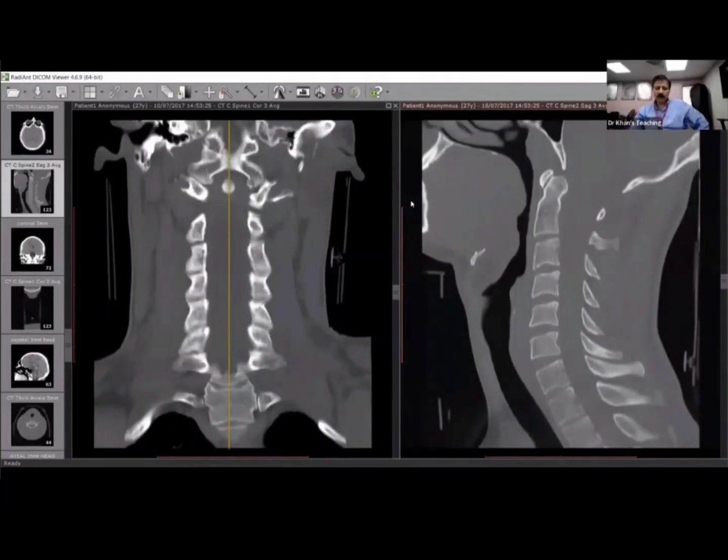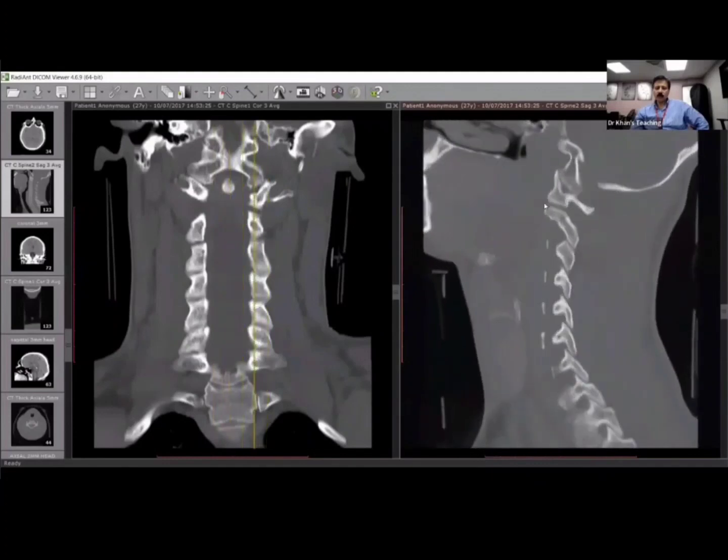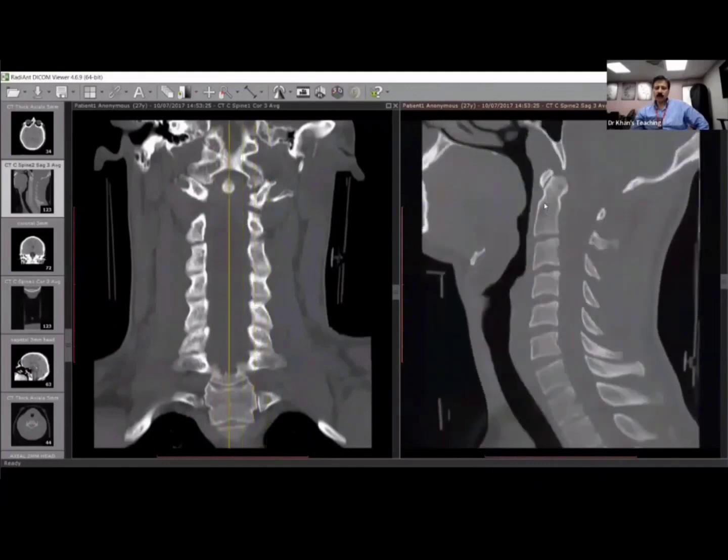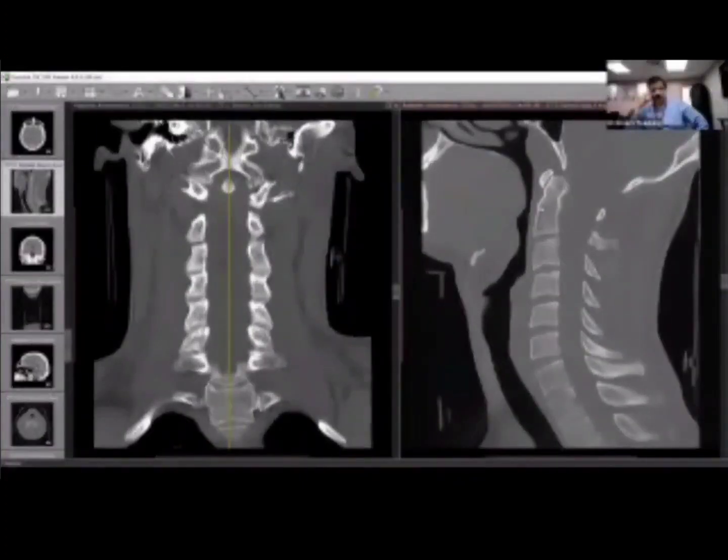Well done. So now the cases which I showed you today, you see the take-home point in the exam is that in the trauma world, satisfaction of search is very important, and it has to be a very elaborate type of trauma search. Base of skull, I've shown you this.